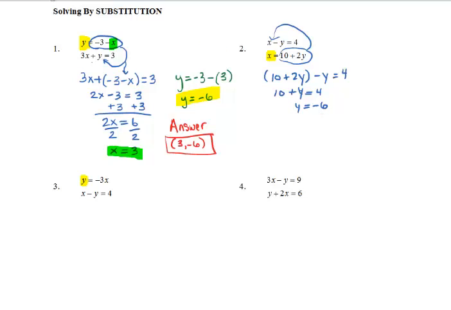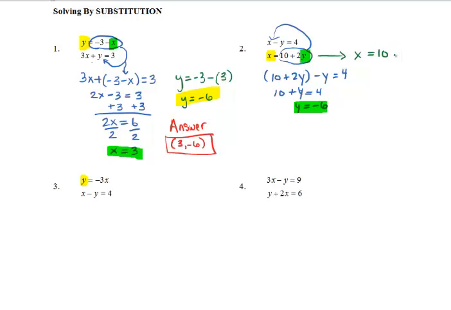I'm going to take that value of negative 6 for y, and replace y again in my equation that originally had x by itself. I could technically substitute it into either equation, but it'll always be more convenient to substitute it in the equation in which the variable was originally isolated.